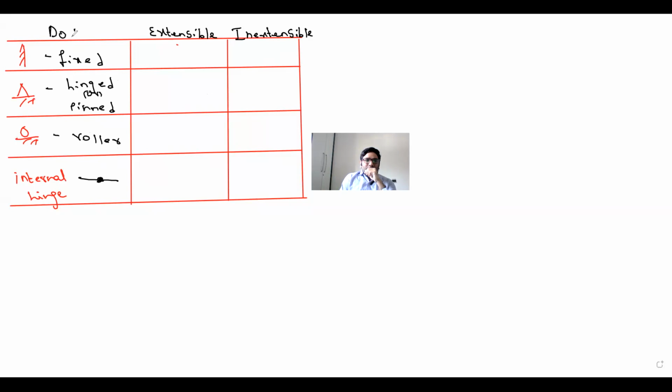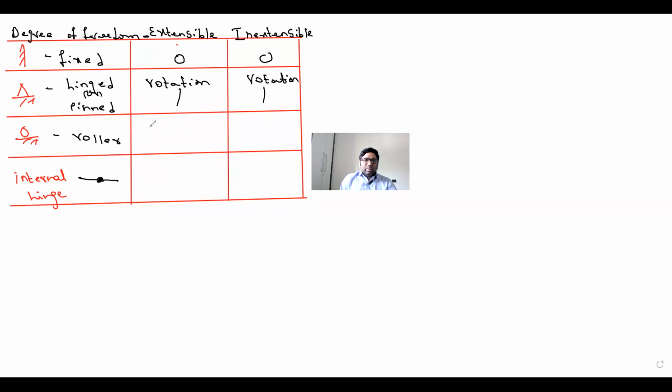Now, degrees of freedom for extensible and inextensible. In extensible, 0, 0. Here, for pinned, we have only 1, 1. So this is rotation, rotation as well, again here also rotation.